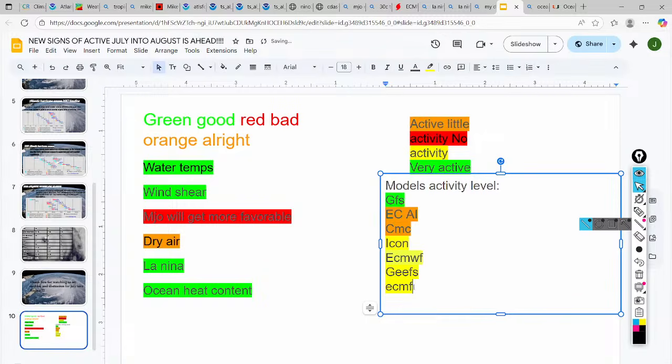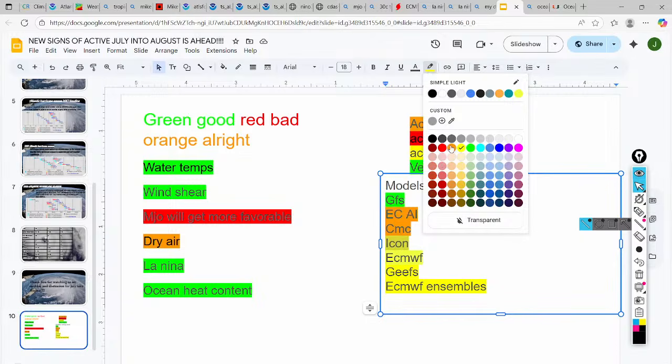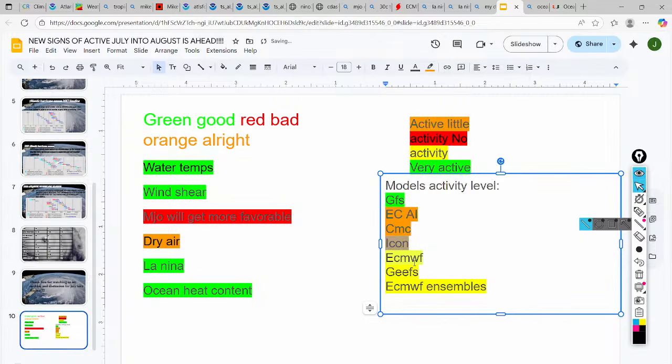ECMWF shows activity. This is how I'll do it pretty much. We can put Icon as very little. Europeans, all right.